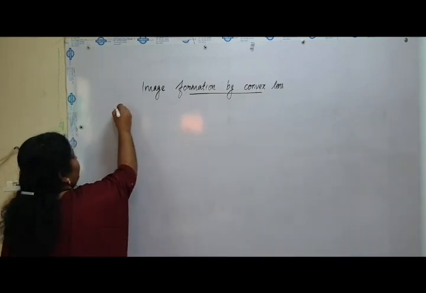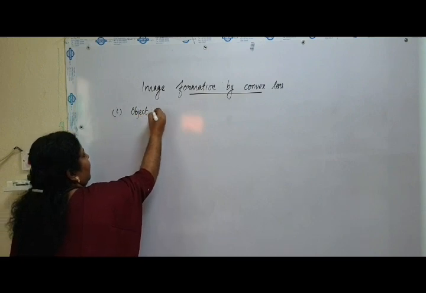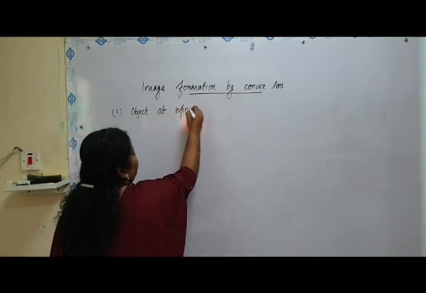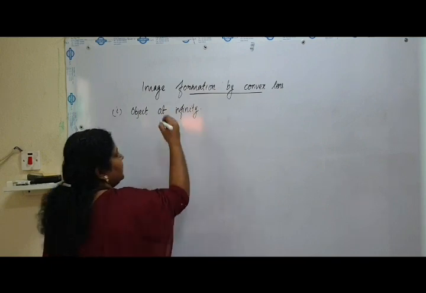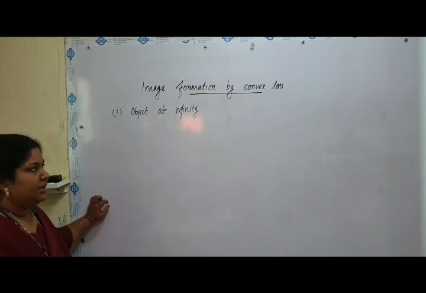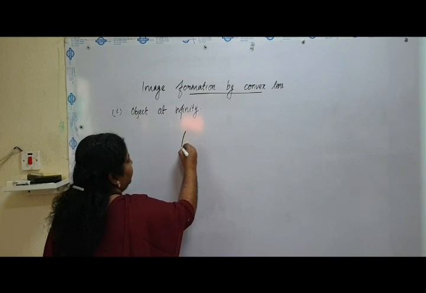So first position we are taking the object at infinity. You have already seen in the case of concave mirror how the image is formed when the object is kept at infinity. So here we are going to draw a convex lens.